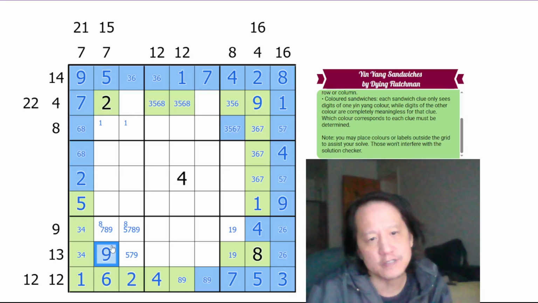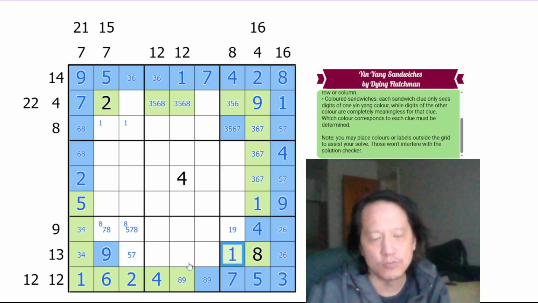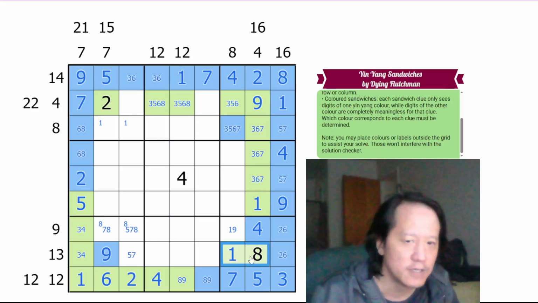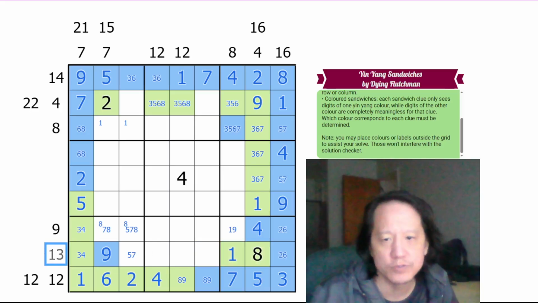And since this is a 9, these can't be 9 here. This 9 eliminates 9 here, so this is a 1. That's interesting. So this is guaranteed to be 1 and 8 here, which means this sandwich cannot be between 1 and 8. As a green, it has to be blue. So this is the blue sum.